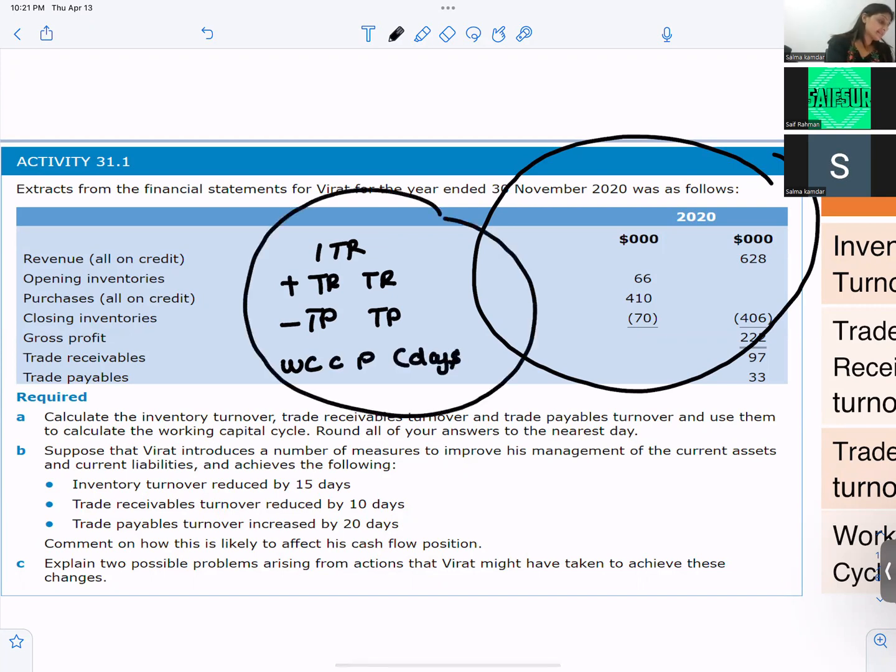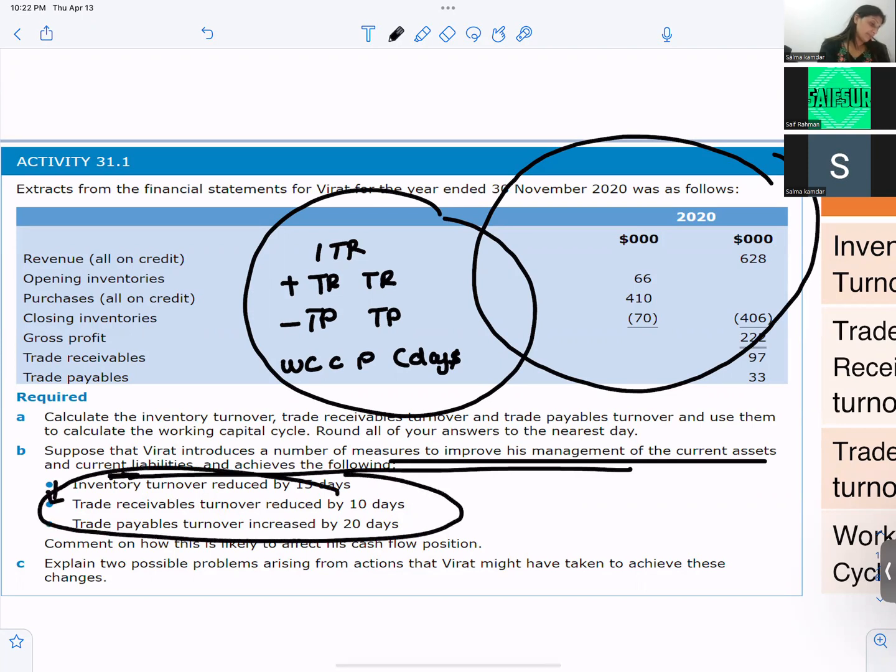After you find this, they are giving you certain changes. You have introduced certain measures to improve the management of the current assets and current liabilities. And due to this, these ratios are changing.